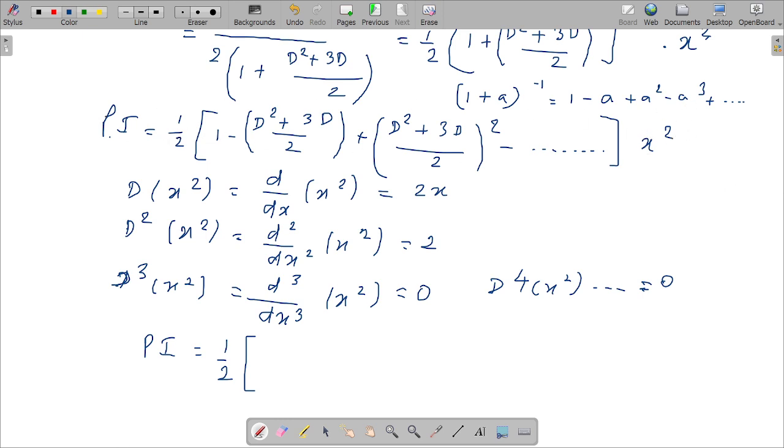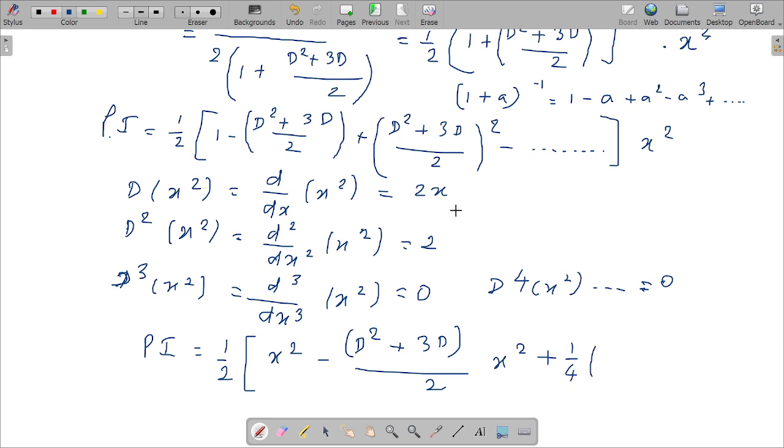So 1 into x square, minus d square plus 3d by 2 x square, plus the next one, d square plus 3d whole square is there, na? Divided by 2 is there. Divided by 2 can be written as that is also square. So 1 by 4.